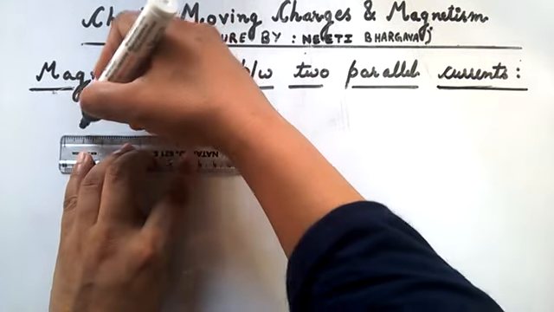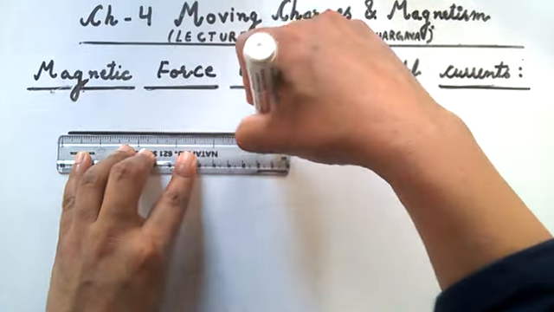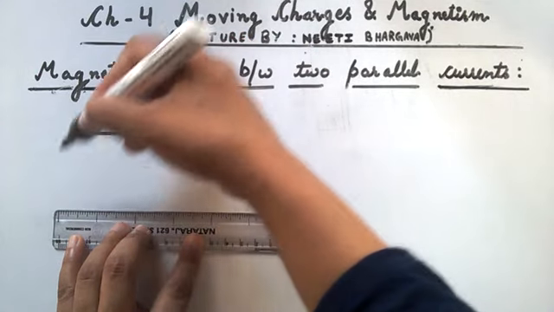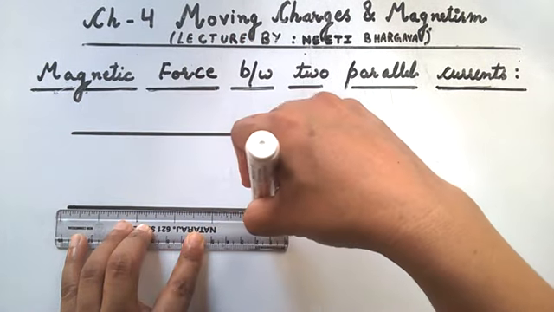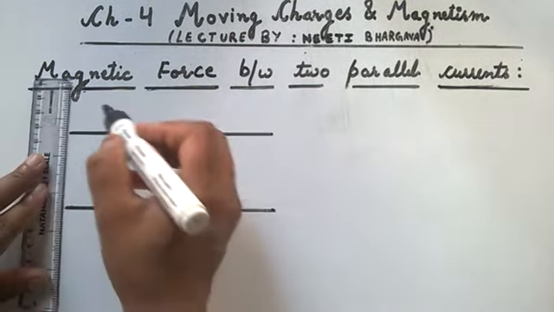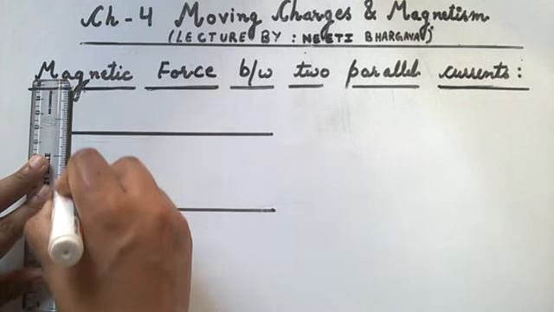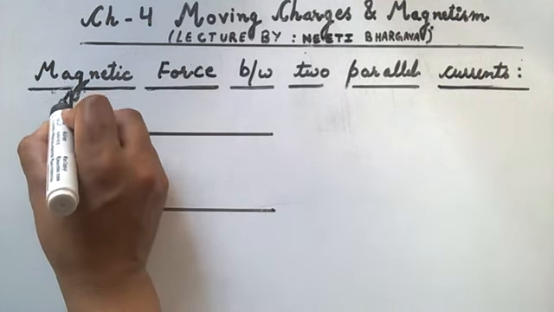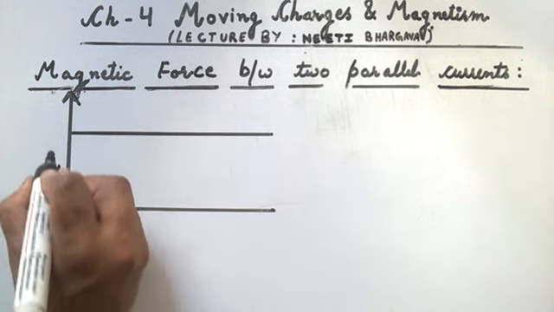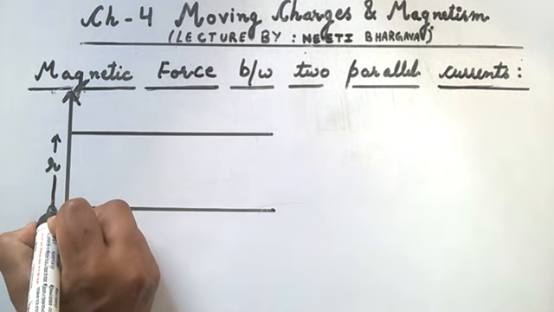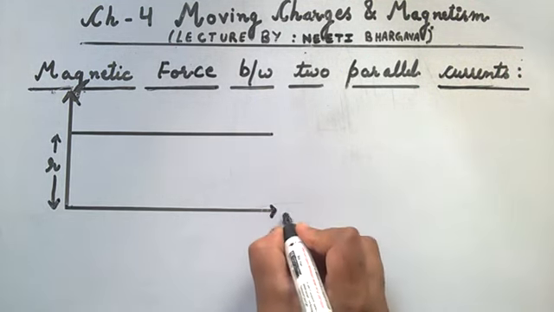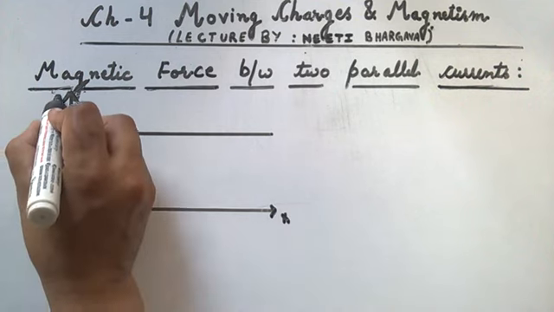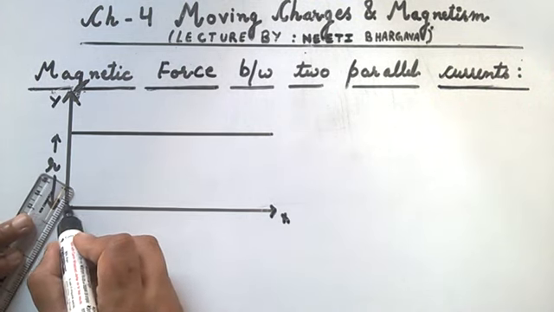Consider two parallel straight long thin conducting wires which are placed in the xy plane, and they are placed r distance apart. This is the positive x axis, y axis, and this is the positive z axis.